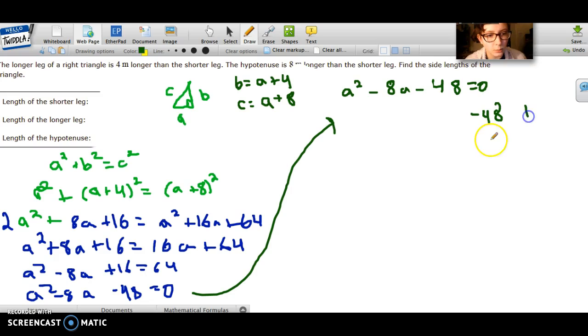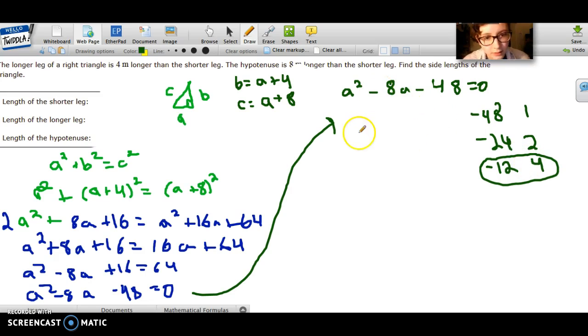There's negative 48 and 1, negative 24 and 2, and negative 12 and 4. Negative 12 and 4 stand out because negative 12 times 4 is negative 48, and negative 12 plus 4 is negative 8. So that makes A minus 12 times A plus 4.